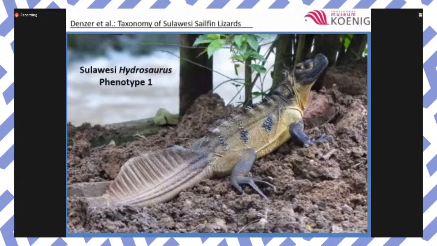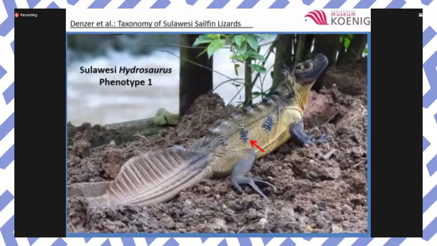When we now look at the sailfin lizards of Sulawesi, there are 2 different phenotypes. So 2 different looking kinds of lizards. The first one, here again a male, because the males show the characters best, is one phenotype where we have fields of enlarged scales at the lateral side.